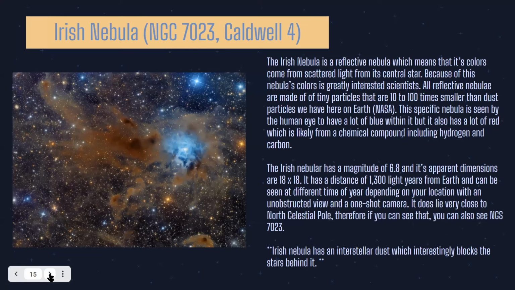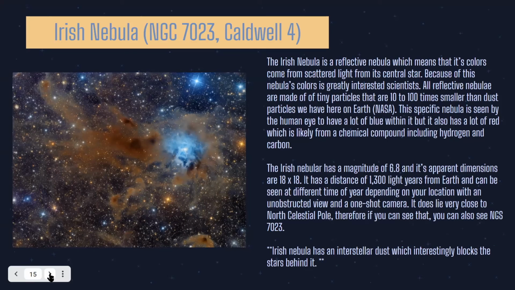All reflection nebulae are made of tiny particles that are 10 to 100 times smaller than dust particles we have here on Earth. This nebula is seen by the human eye to have a lot of blue within it, but it also contains a lot of red. A lot of that red is likely to come from chemical compounds, including hydrogen and carbon.